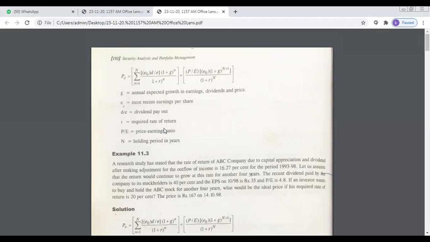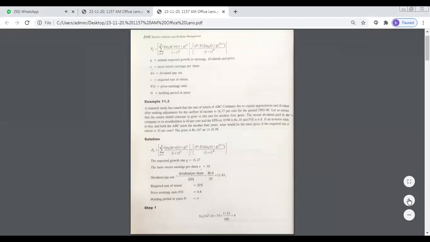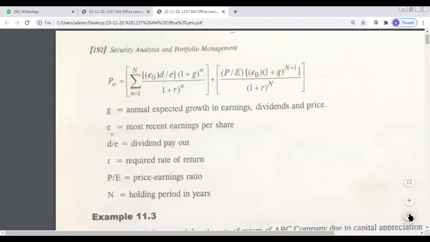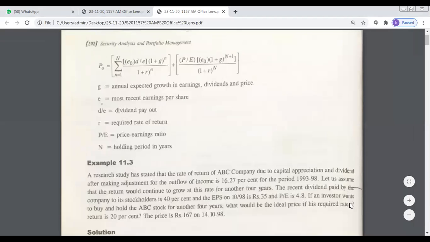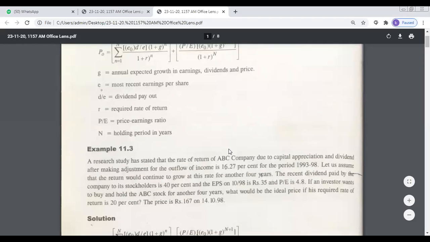Just look at the formula first, and then we'll discuss the problems. Note down the formula, note down what the notations are. And immediately you have a problem. There is nothing much to explain here.